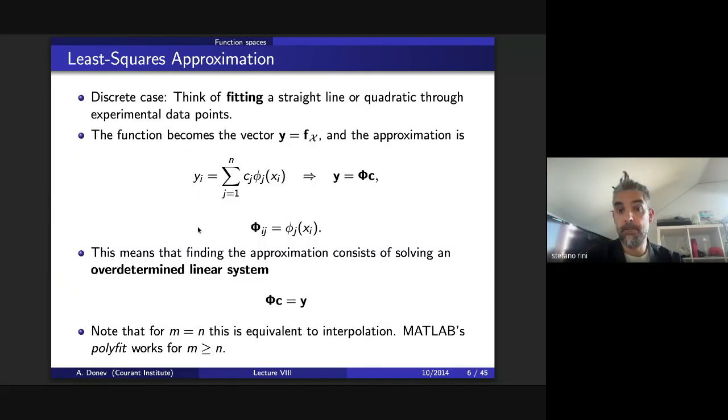So we have 1 to m nodes in which this function has to be specified. The basis functions, we have n basis functions evaluated in m points, right? So this is now a matrix, okay, an n times m matrix, and so this coefficient c will be a vector of size n.